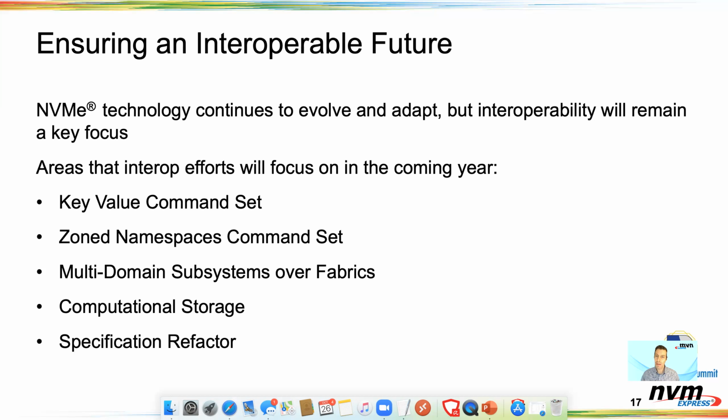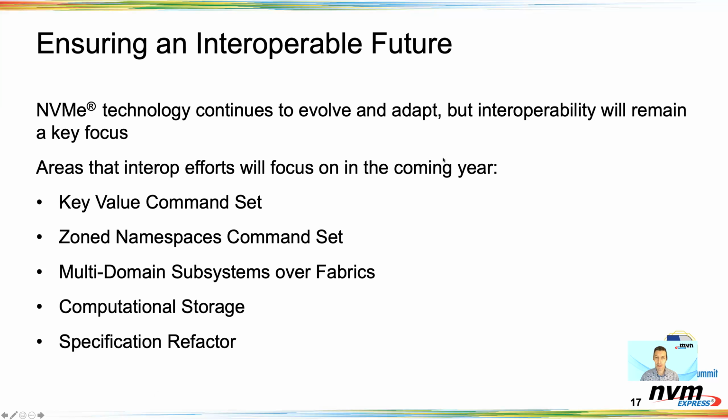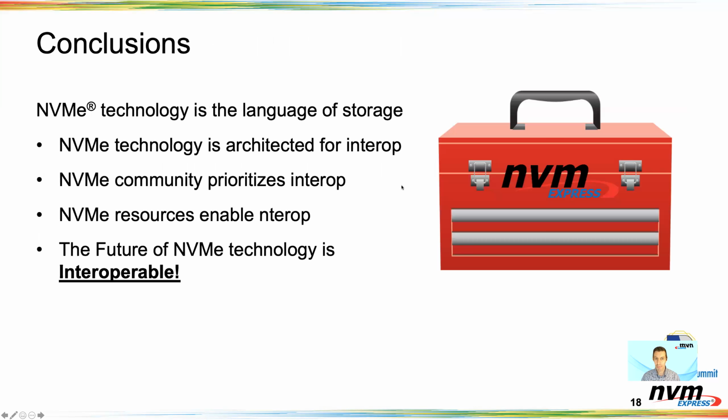Even as we add new features, I think we're going to see interoperability continue. As new features get added to the spec, we're adding interop tests and compliance tests for them. That's really going to protect interoperability and preserve it for the future, even as the specification itself grows and enables more use cases.